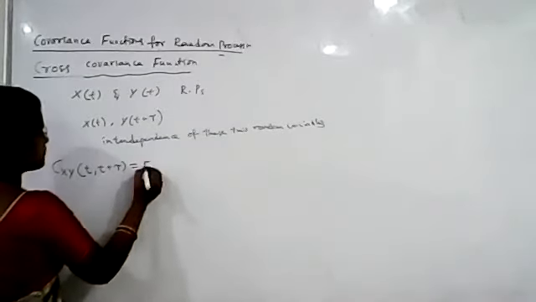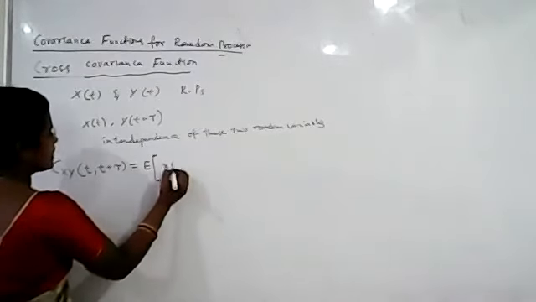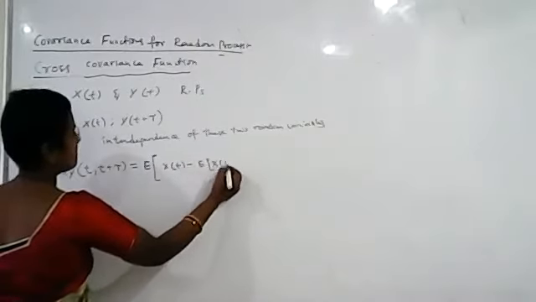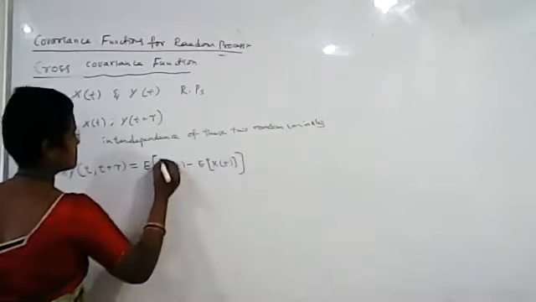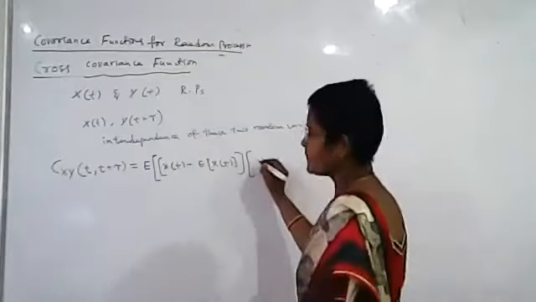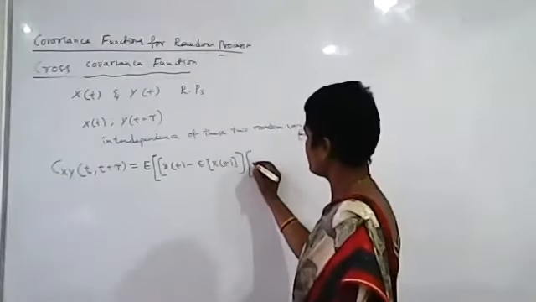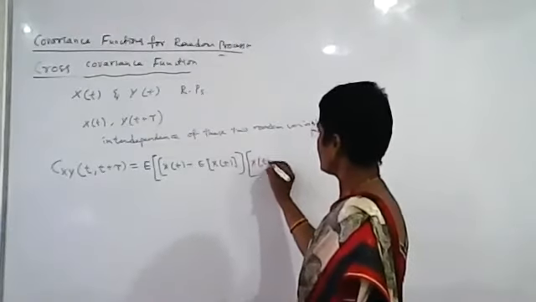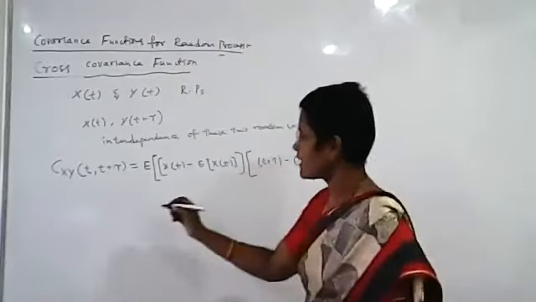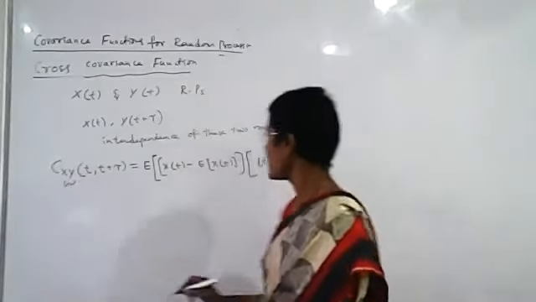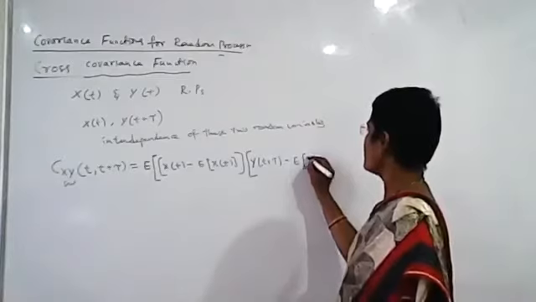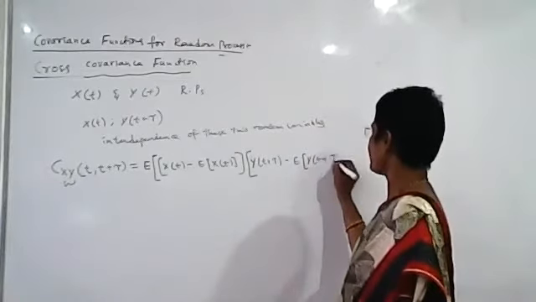It is the expected value of x of t minus expected value of x of t, into y of t plus tau minus expected value of y of t plus tau.